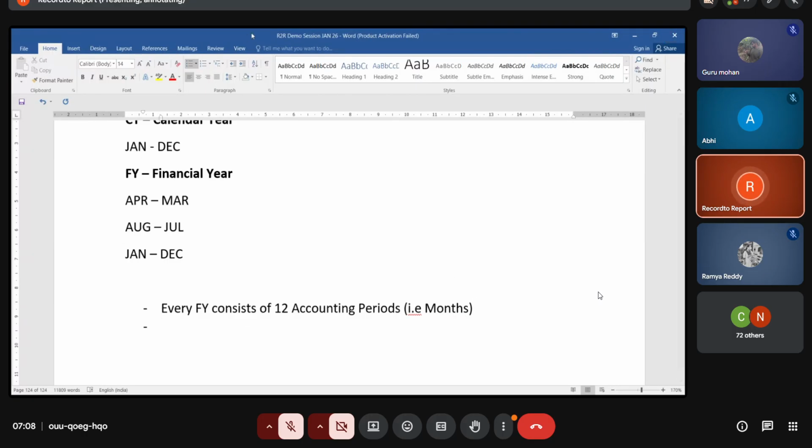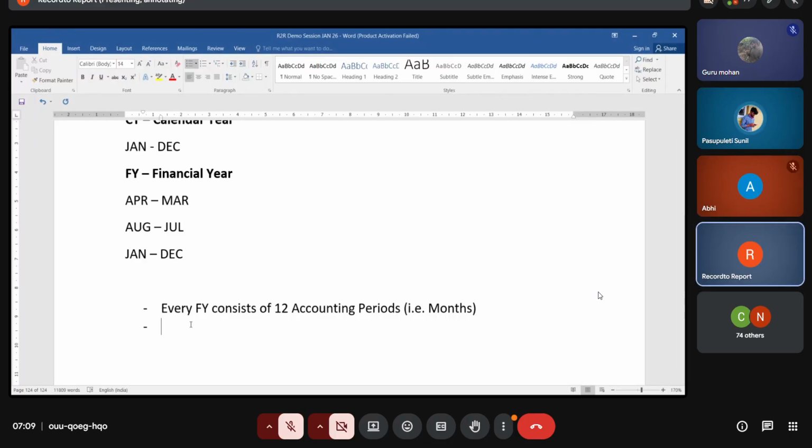According to which accounting concept does the company need to follow the financial year, guys? We have a financial accounting concept. What is that concept? In the first session we discussed accounting concepts. That is the accounting period concept, guys.